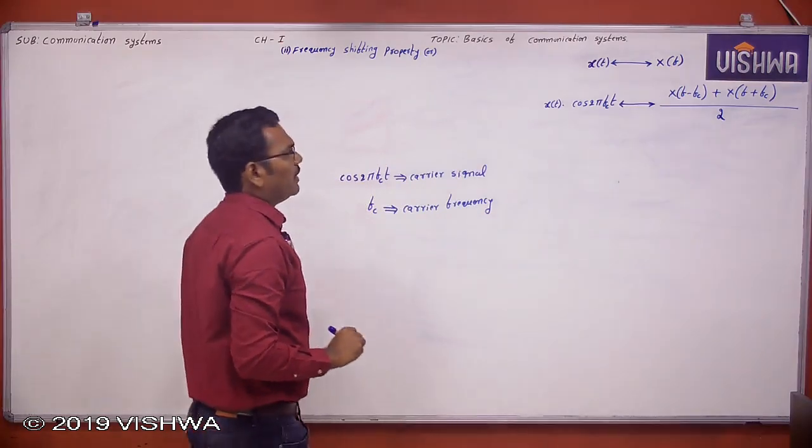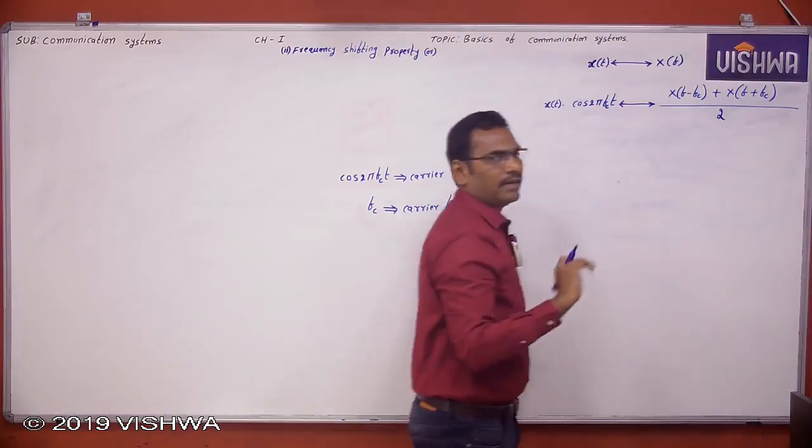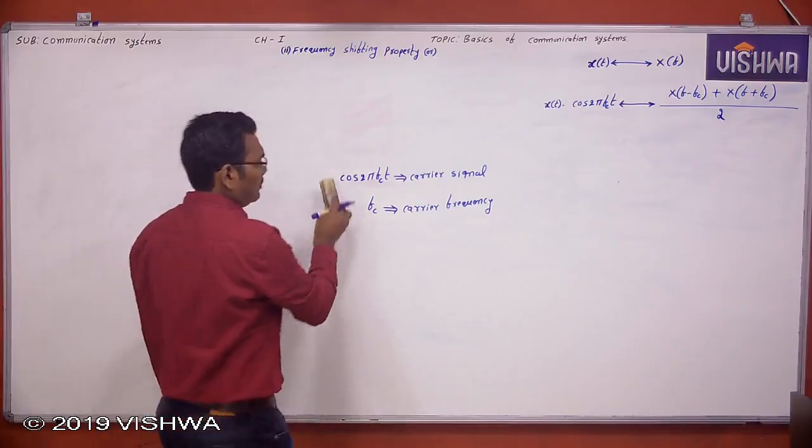So this is the frequency shifting, f is shifting to fc, to the left side and right side. Now we want to see that property in a graphical method.